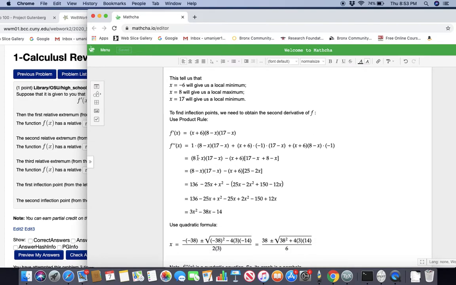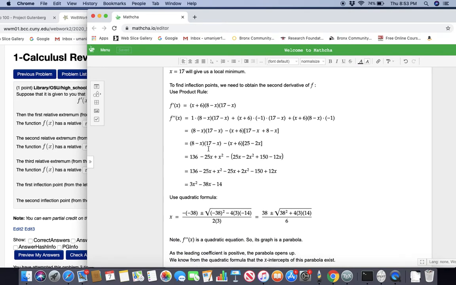Now this gives me 8 minus x, 17 minus x, negative x plus 6, simplifying 25 minus 2x. At this point I have multiplied these two factors to get this, keeping track of the minus in between.